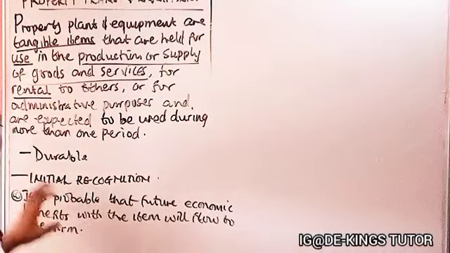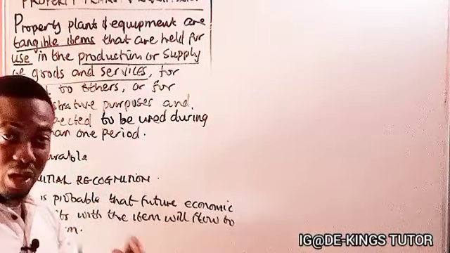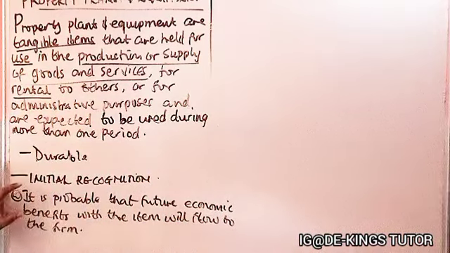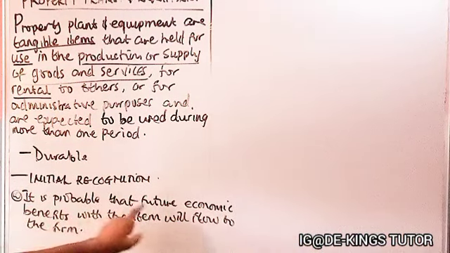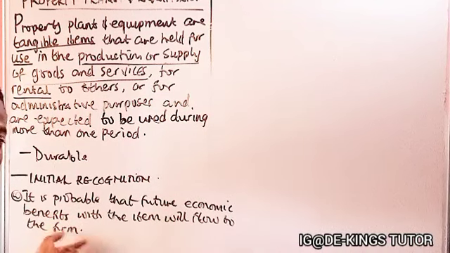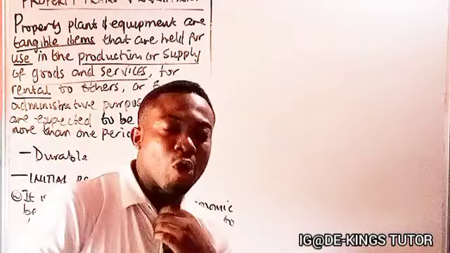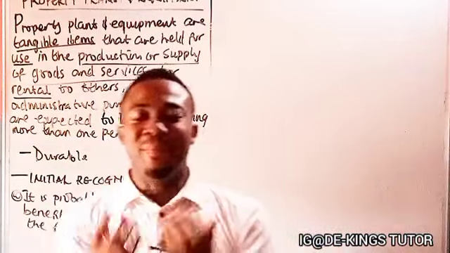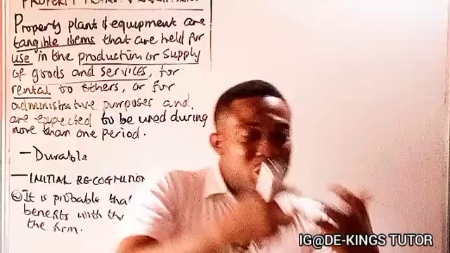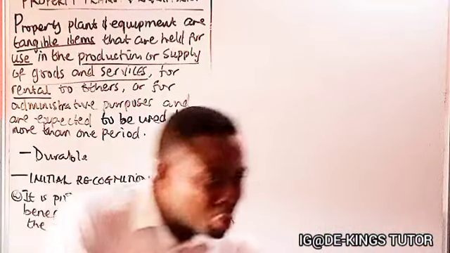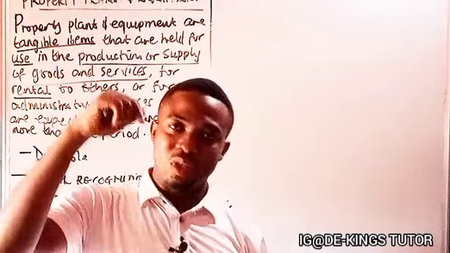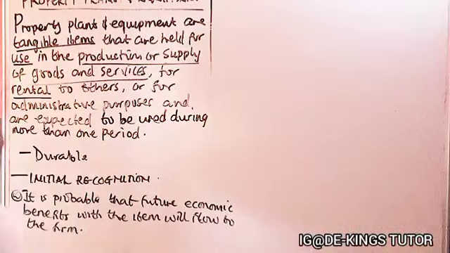So the cost of an item of PPE is recognized as an asset if this first condition is met: it is probable that future economic benefits associated with the item will flow to the firm. That is, in the future there will be a benefit that accrues from the usage of that item that will flow towards the firm. So that item is recognized as an asset.